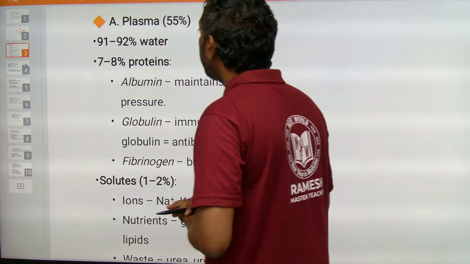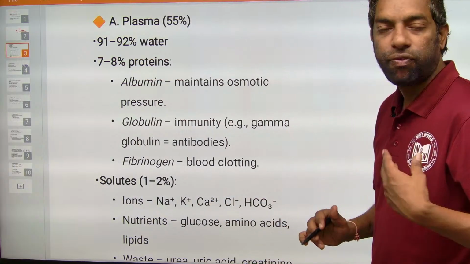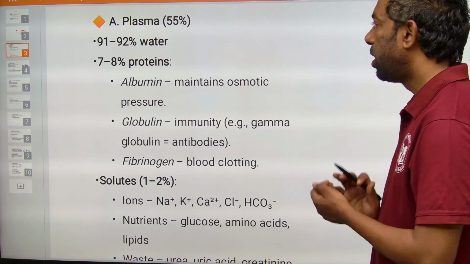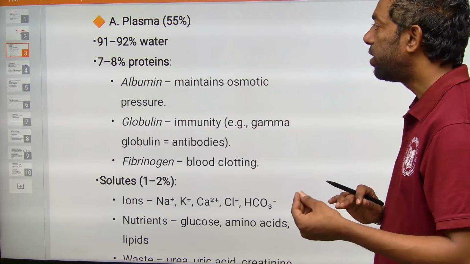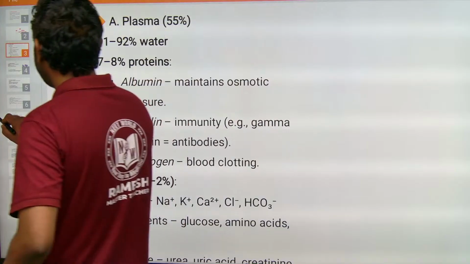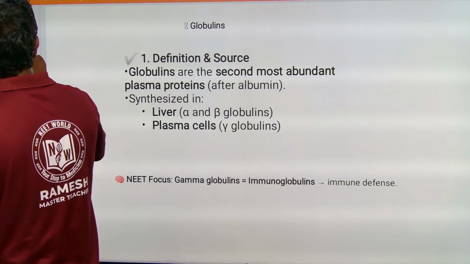Coming to the plasma, it is 55% of the blood, 90 to 92% of the plasma is water, and proteins are 6 to 8, not 7 to 8, it is 6 to 8 guys.